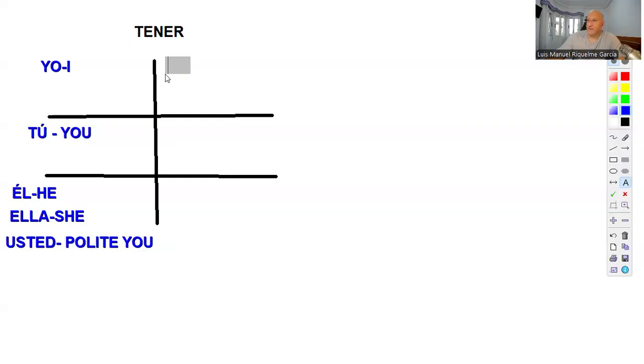Then we have the top right box, that is nosotros or nosotras, and that means we.